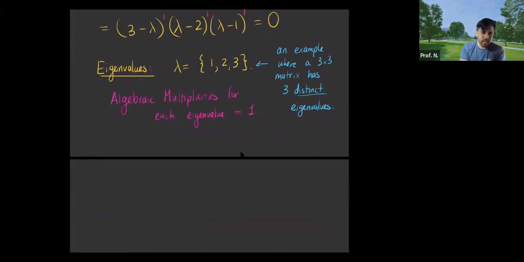You don't need distinct eigenvalues to be diagonalizable. As we've seen in other examples last lecture, we had a 3 by 3 matrix where you only have 2 distinct eigenvalues, but one of them repeated, and that had a diagonalizable form.